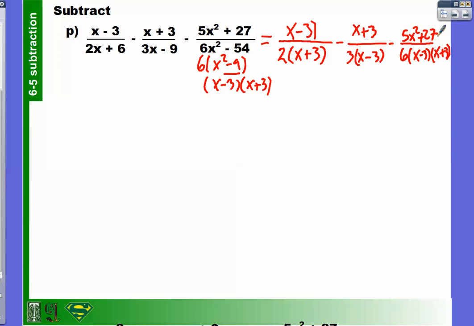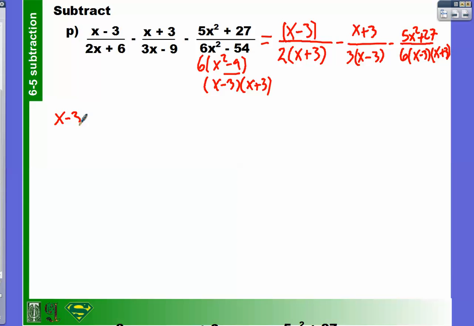So now I'm ready to take a look at this problem and find a common denominator. Before I do that, I'm going to write out this fraction that I have here, but I'm going to leave some space, because I'm going to have to multiply the numerators and the denominators by something to create my common denominators.